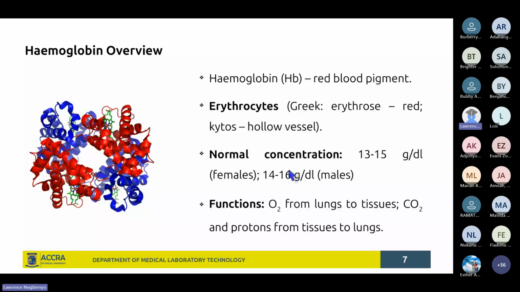And you have known the function of hemoglobin to be responsible for the transport of oxygen from the lungs to the tissues, and then the transport of carbon dioxide from the tissues back to the lungs to be exhaled through the nostrils out of the body.